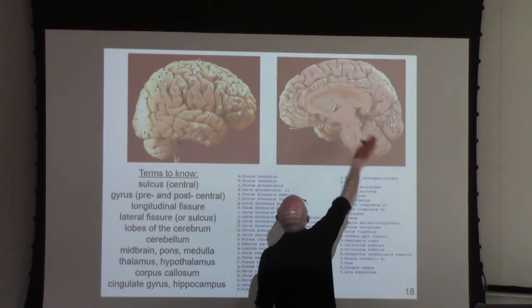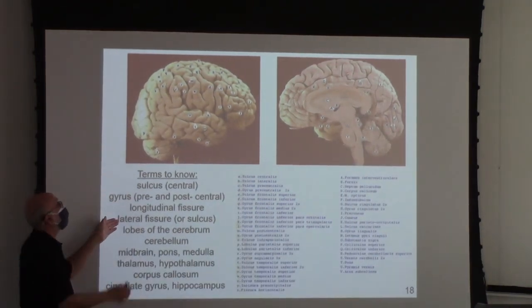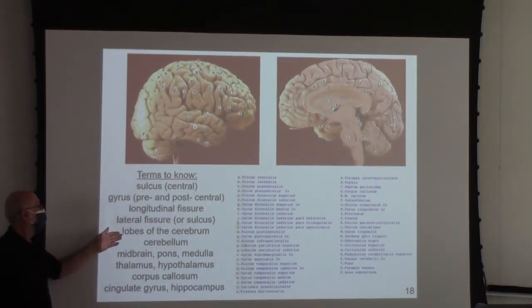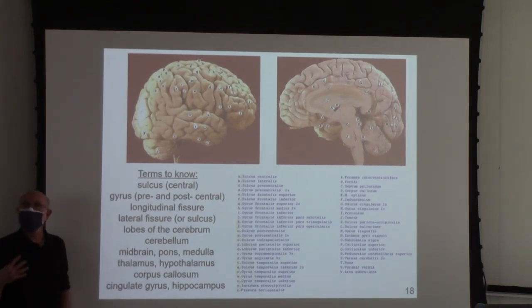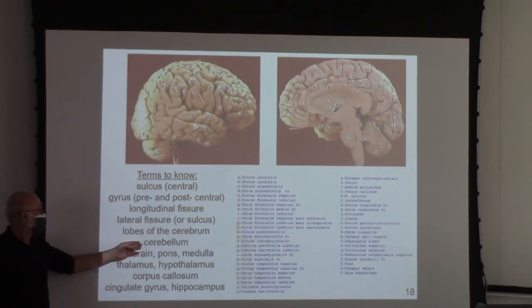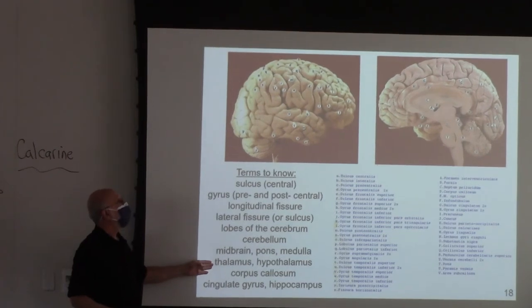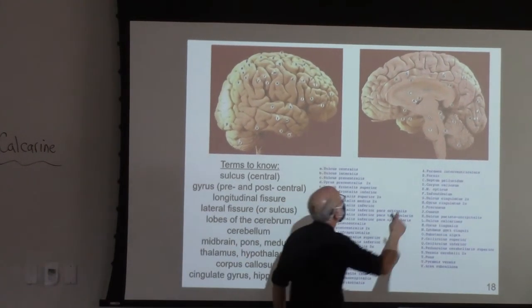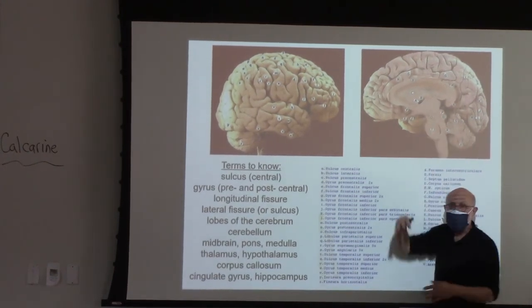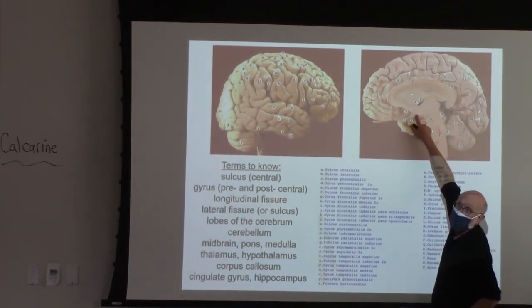Well, the longitudinal fissure is where this was cut. The lateral fissure or the lateral sulcus, same thing. Lobes: frontal, parietal, occipital, temporal, cerebellum, midbrain, the brainstem, the thalamus, and the hypothalamus. Hypo, below, thalamus, hypothalamus.